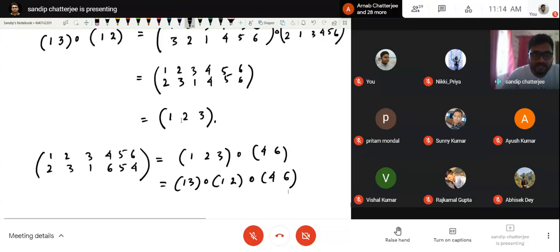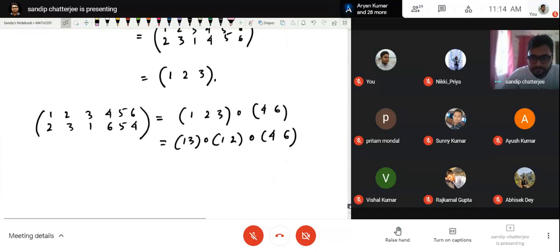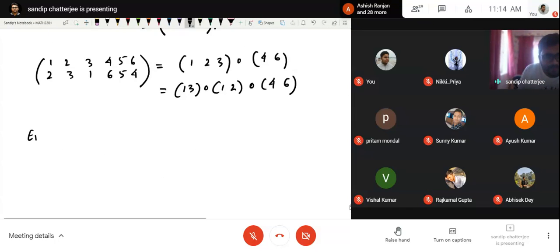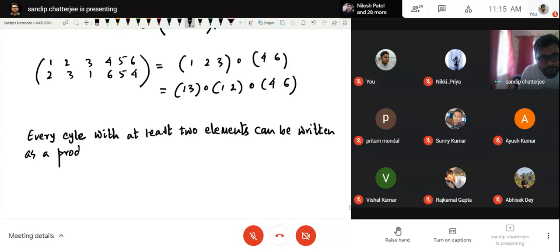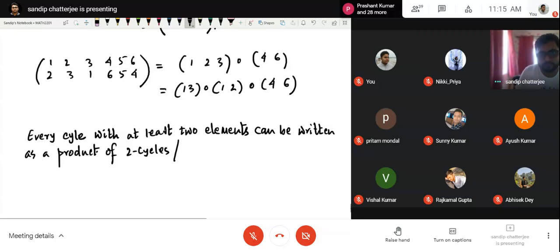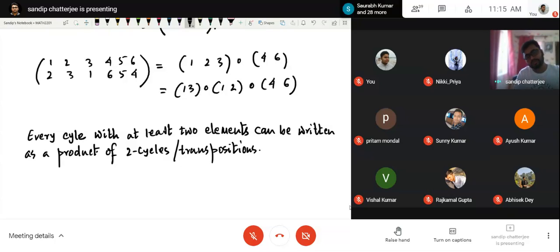That means if we combine all these things, the scenario becomes that every cycle with at least two elements can be written as a product of two cycles or transpositions.